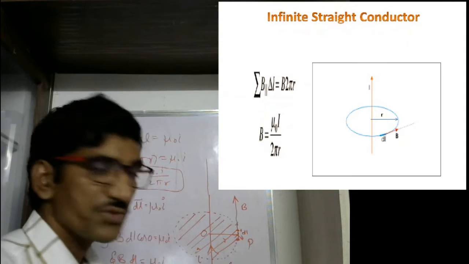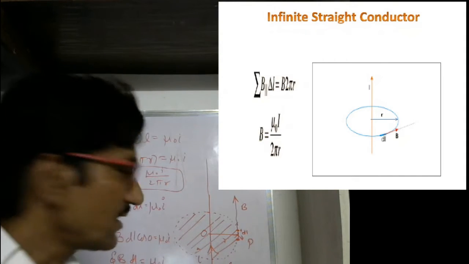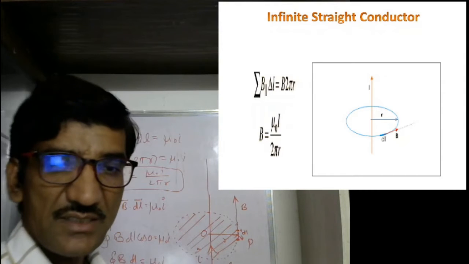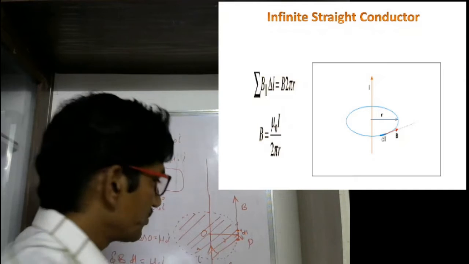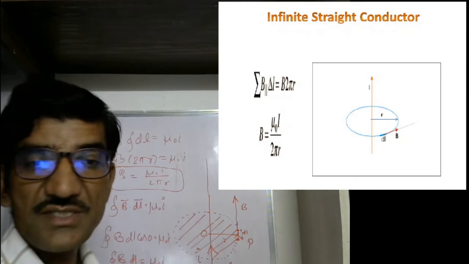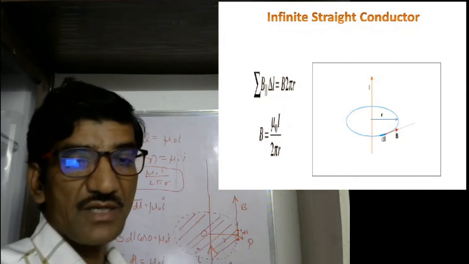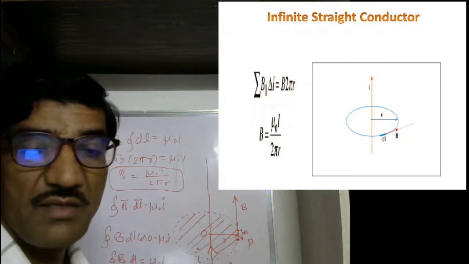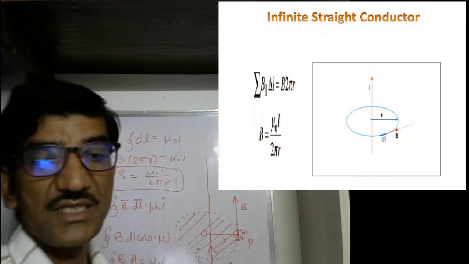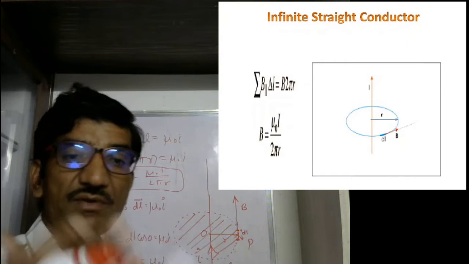Next, it also depends on R, the perpendicular distance of the point from the conductor. As you increase the radius of this circle, that means as you move away from the conductor, B is inversely proportional to R. The magnetic induction goes on decreasing because you are moving away from the source.